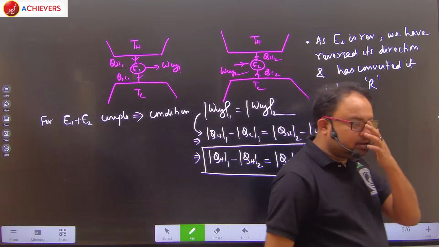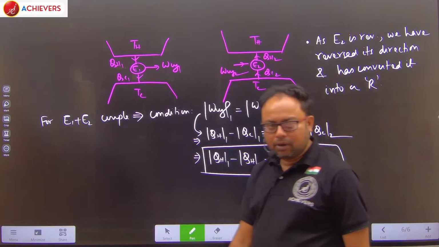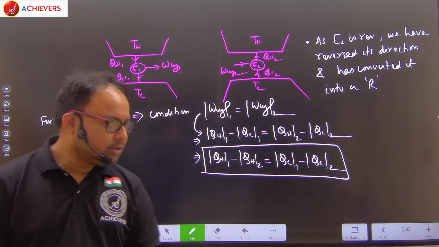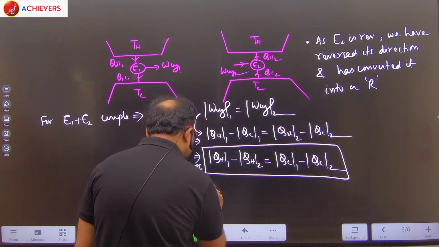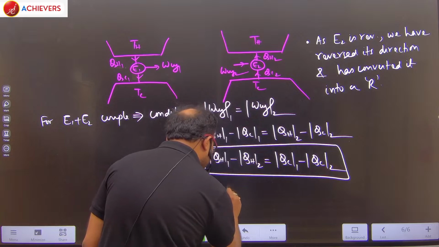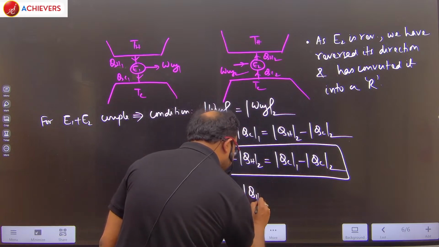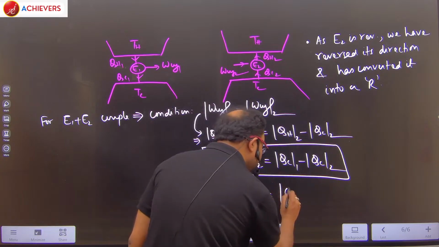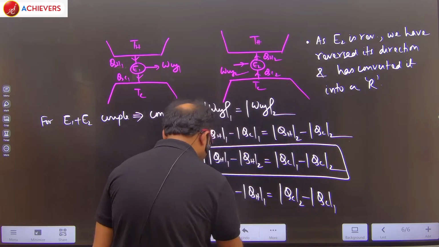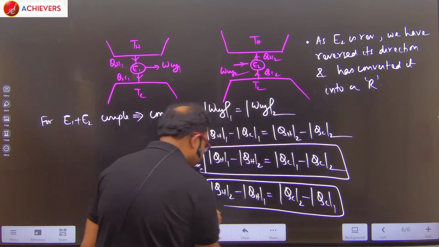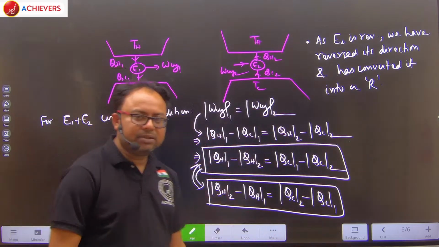Reverse is also true. If we take the negative sign, mod of QH2 minus mod of QH1 should be equal to mod of QC2 minus mod of QC1. These two are the same equations.